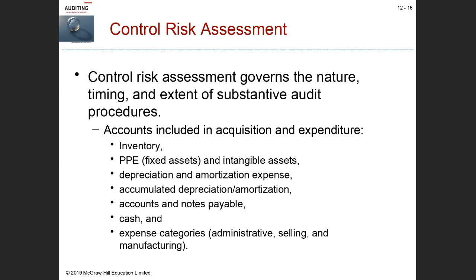Of course, we know depreciation and amortization is recorded in an accumulated account, right? We accumulate that over time, and it's reflected on the balance sheet. So on the balance sheet, we show our capital assets at their net book value. So the accuracy of accumulated depreciation and amortization is very important.